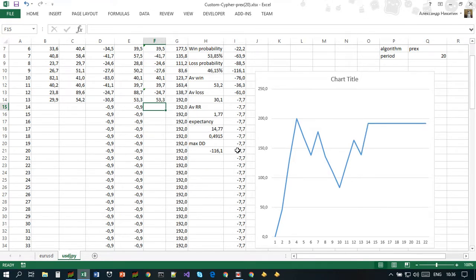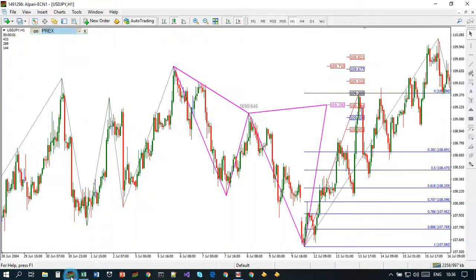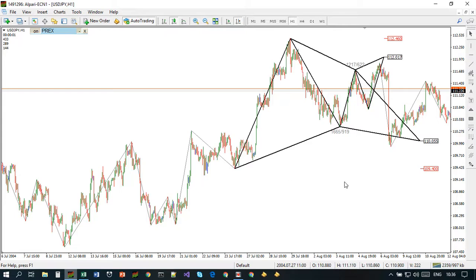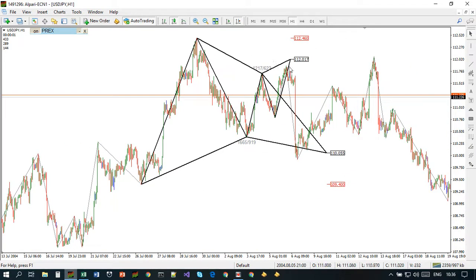The drawdown almost recovered, 7 pips left. All this trading stuff is about recovering drawdowns, because most of the time you will sit in a drawdown.